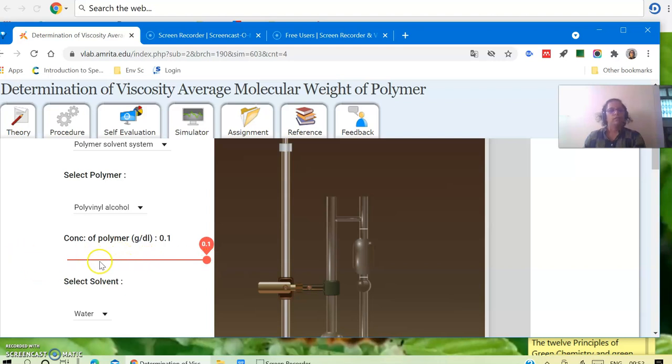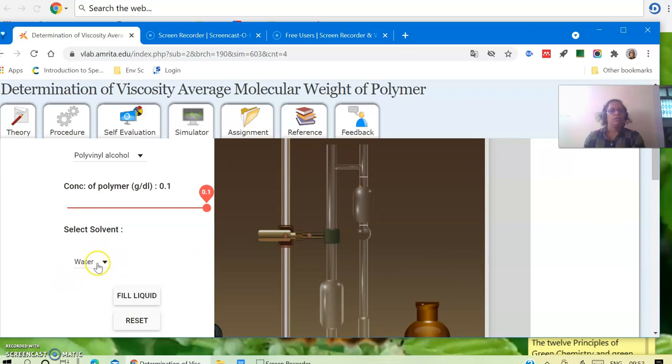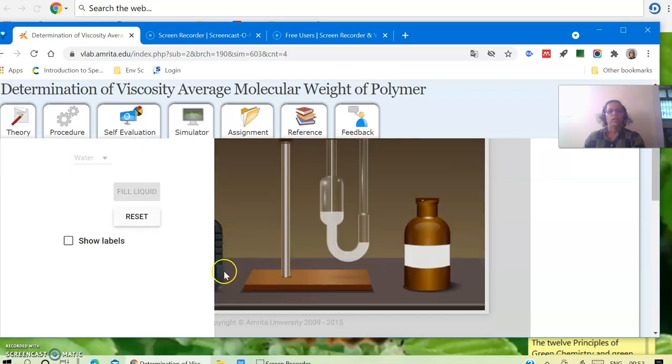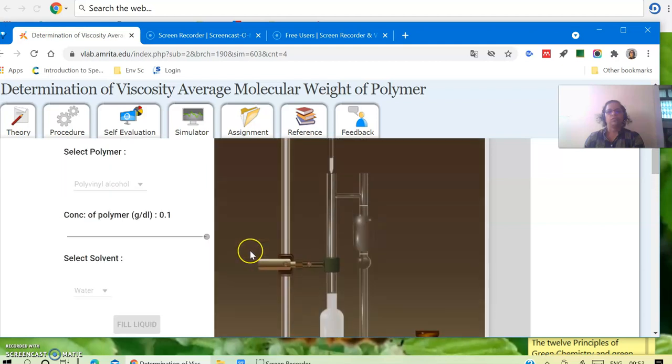Like that we will take the reading for 5 different concentrations. Now you don't have to take the reading with water, so you select the solvent as water. Every time you select the concentration, you have to say fill liquid, and then the liquid is filled, and you will record the time on the stopwatch.